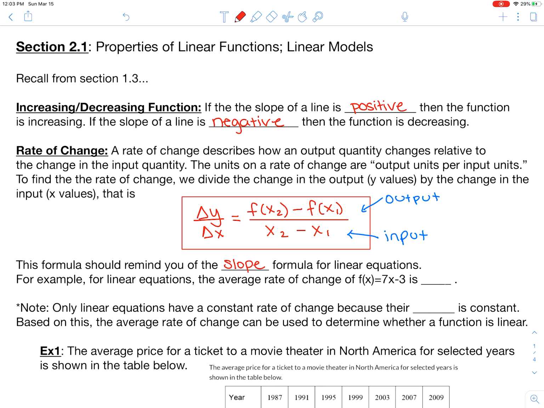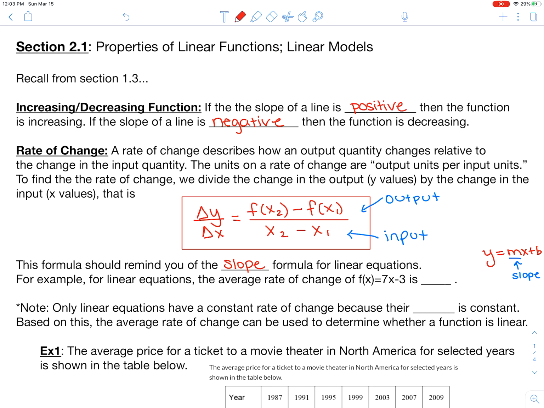For example, for linear equations, the average rate of change of f of x equals 7x minus 3 is what? Well, recall that a linear equation has this form where m is the slope, and we said that the slope is the rate of change.